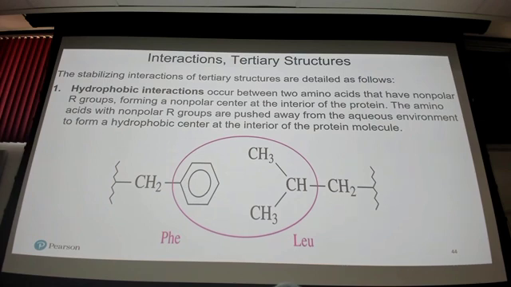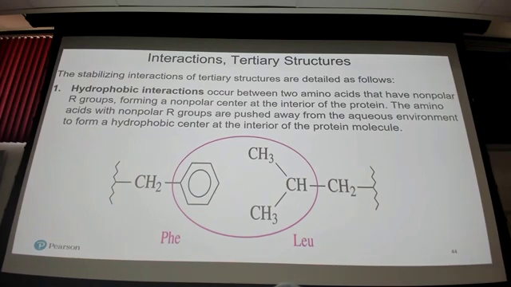Not saying you will, but you may see a question on the exam, and you need to know the different functional groups. You know these functional groups are all non-polar, so non-polar, hydrophobic.